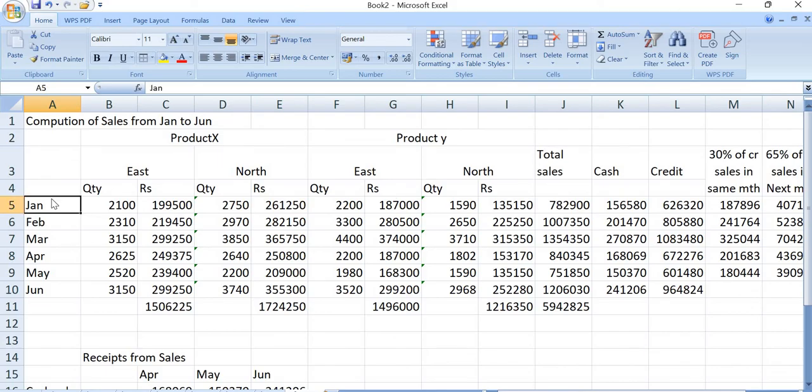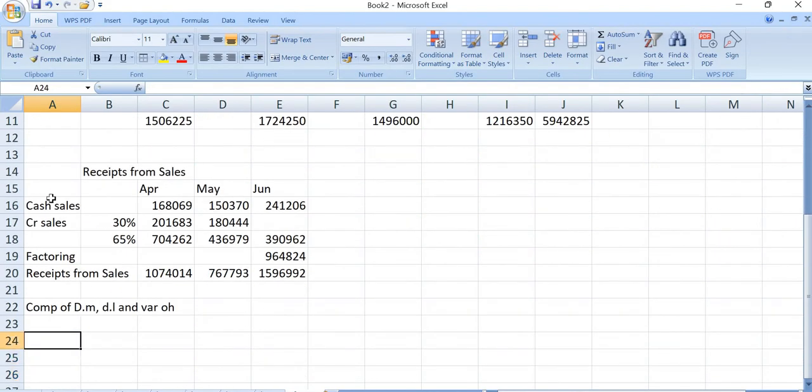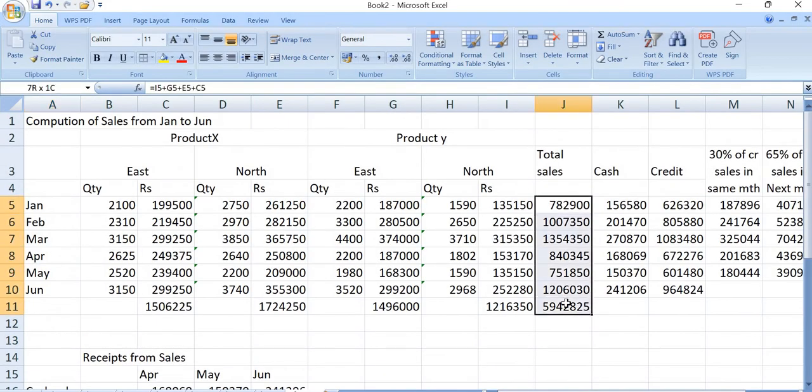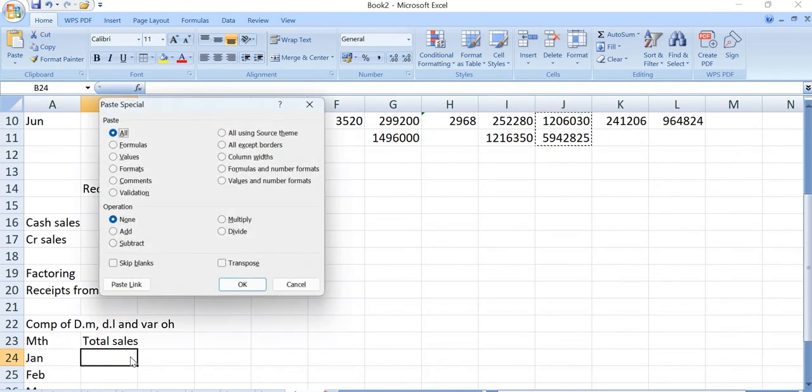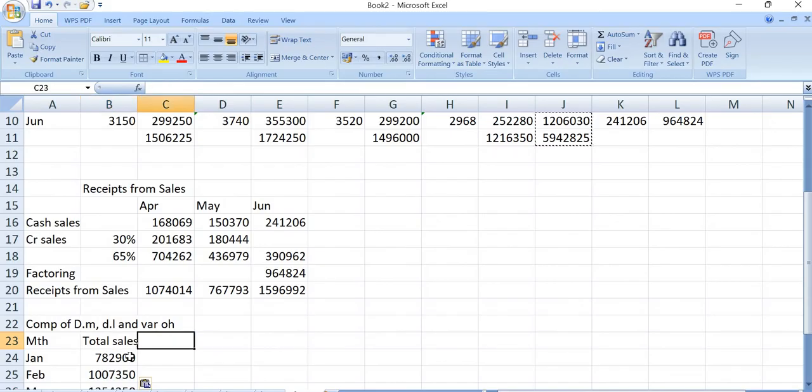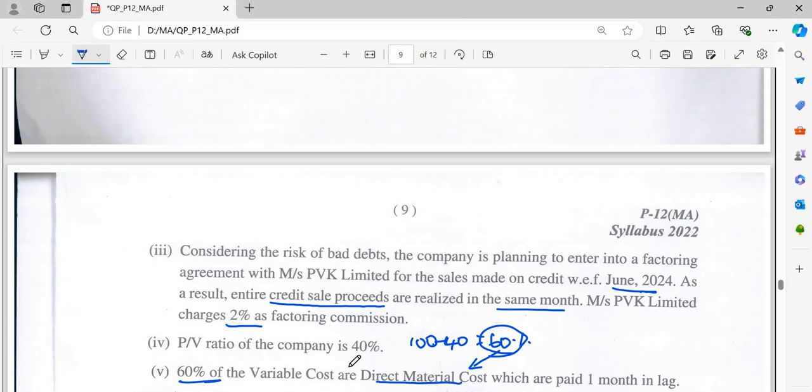So computation of direct material, direct labor, and variable overheads. So this everything is based on what? Sales. So total sales.